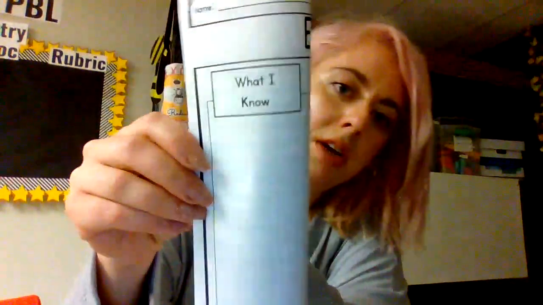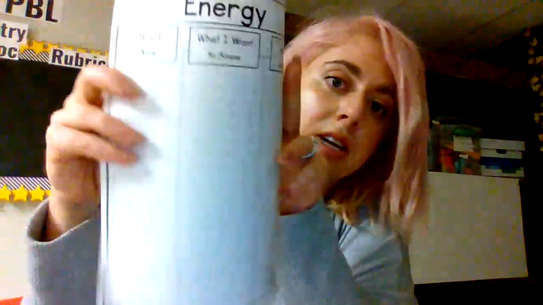Everybody's is going to be a little bit different because we all know different things. And it's not necessarily important that everything is 100% correct or that you are super knowledgeable about energy because we haven't learned about it yet. So you're just going to do your best and tell me what you know about energy. Maybe what the word means, maybe some guesses about different things.